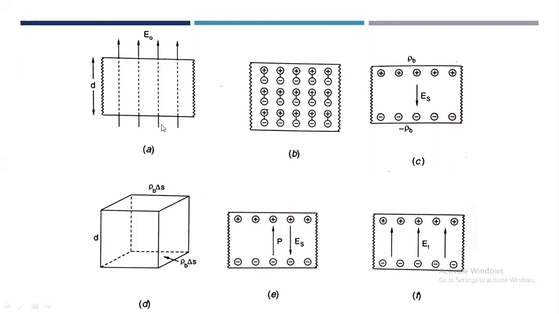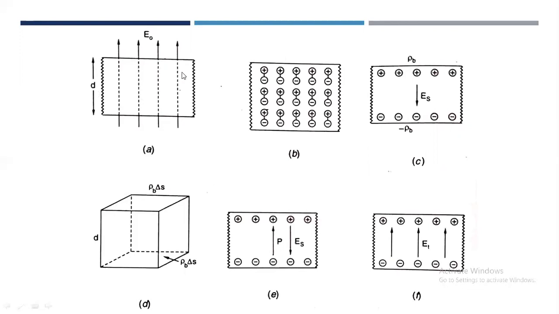This field acts as an applied electric field, inducing dipole moments in the dielectric, with the negative charges separated from the positive charges and pulled away from the direction of the field. Simply, the slab of thickness small d is placed in the electric field.